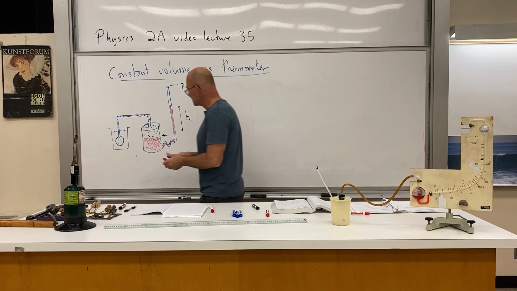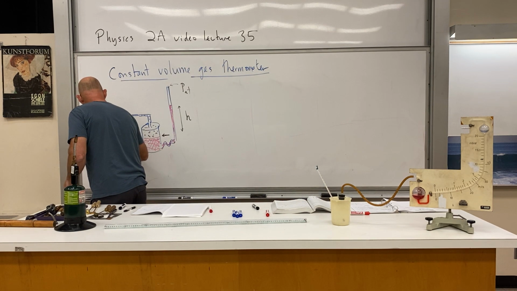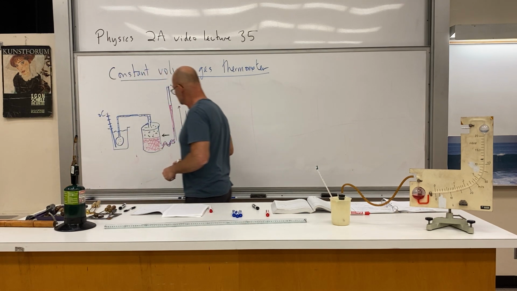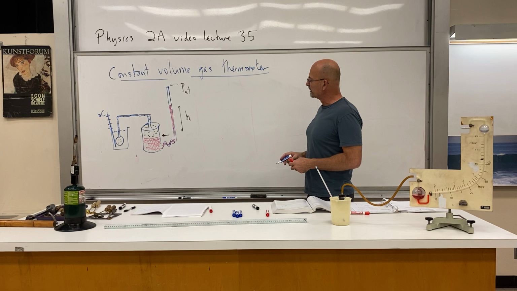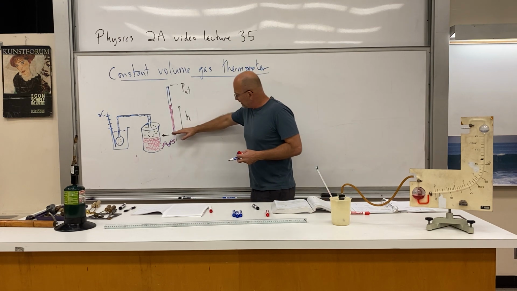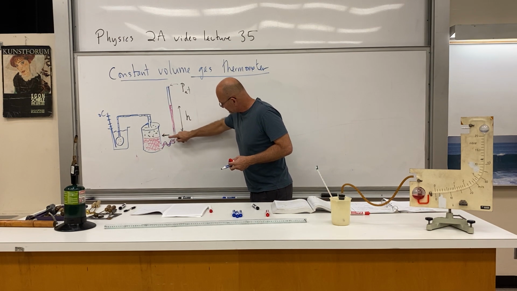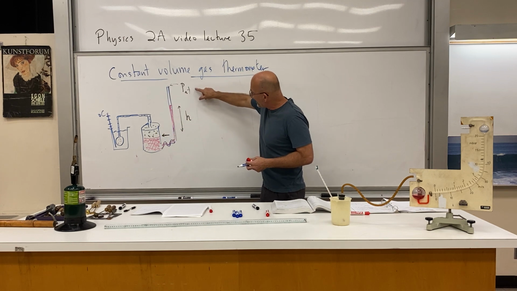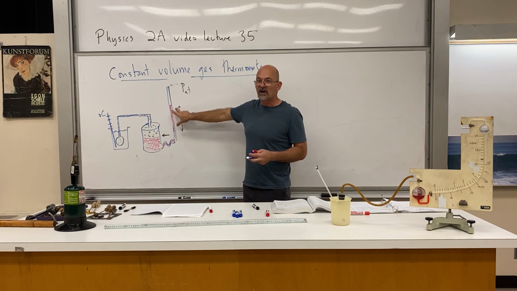And to complete this picture, I like to put a thermometer here, degrees Celsius. So that's our constant volume gas thermometer, and the pressure in here above atmosphere is indicated by the height of the column.